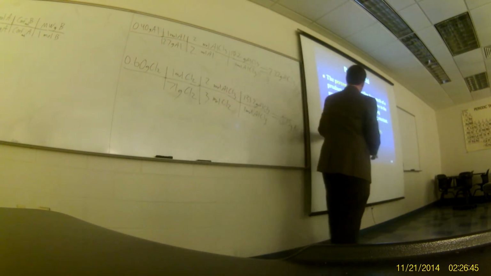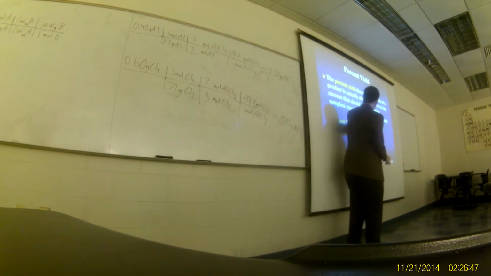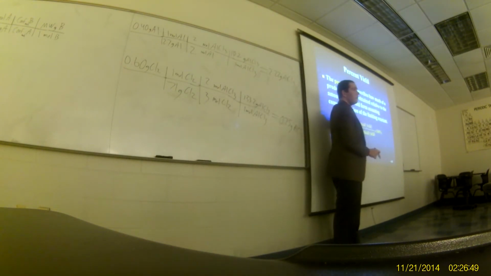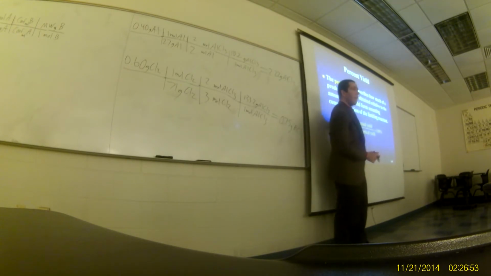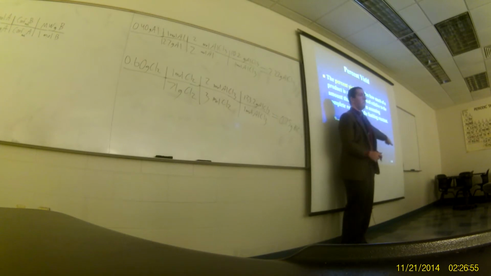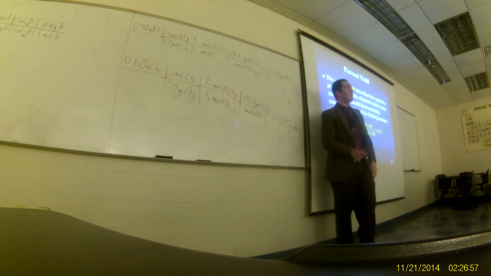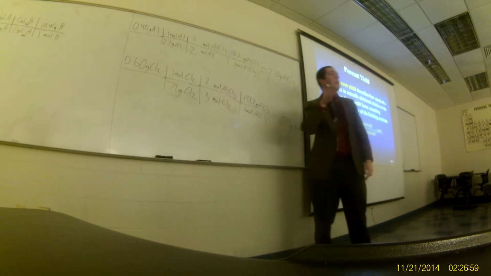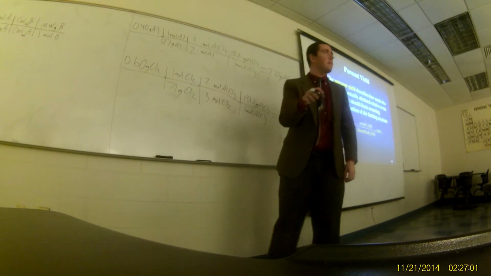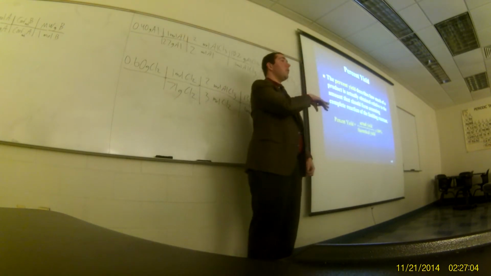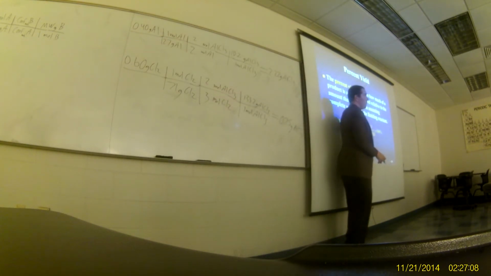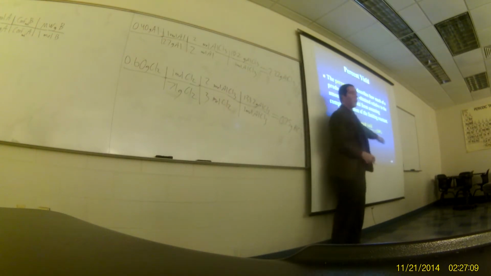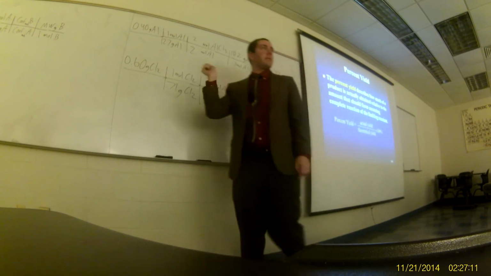And so the equation for percent yield is just how much you actually got divided by how much you were supposed to get, times 100. So the actual yield will be given to you in a problem. It'll either be given to you in a problem or you're actually going to do something in lab and measure that. The theoretical yield is the stoichiometry.